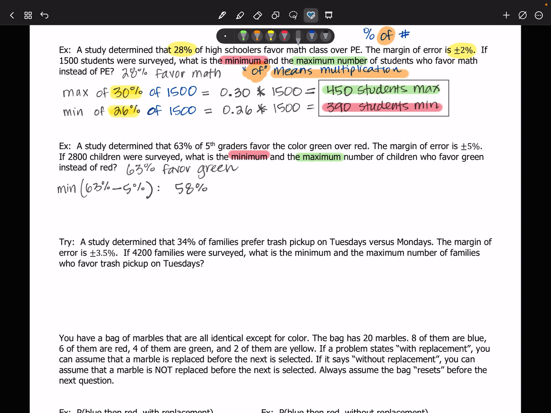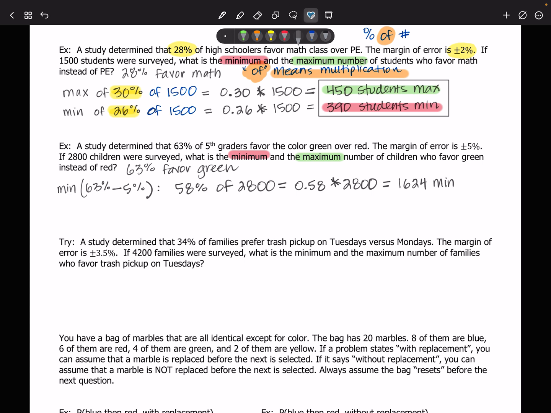So 58% of 2,800 children were surveyed. So 2,800 is what we're going to be multiplying by. That's going to be 0.58 times 2,800. Take out your calculators and make sure that you get 1,624 for a minimum.